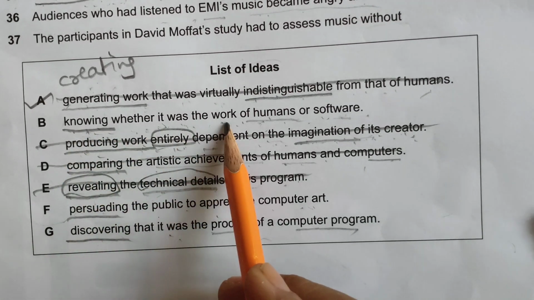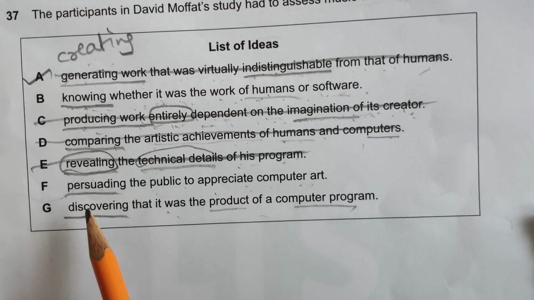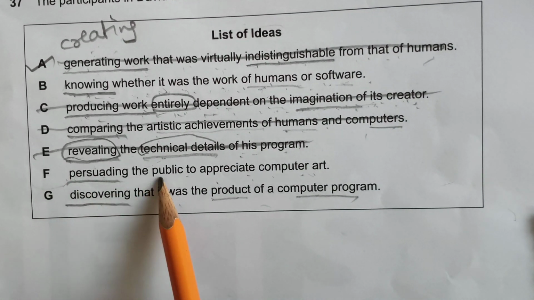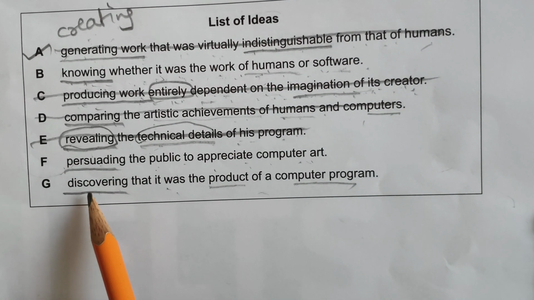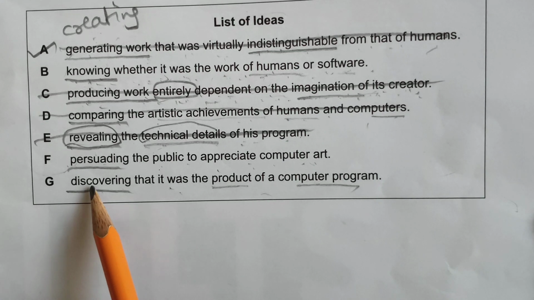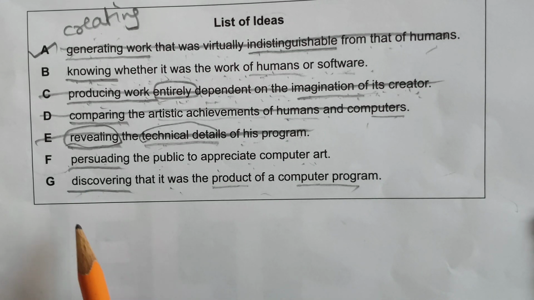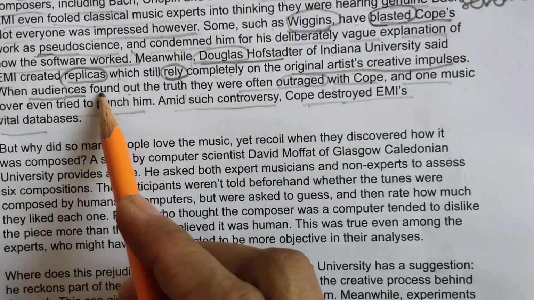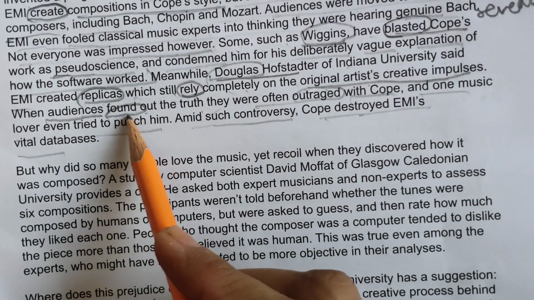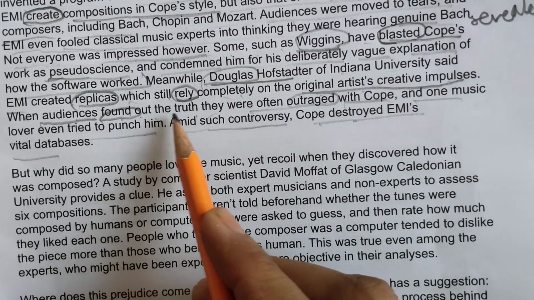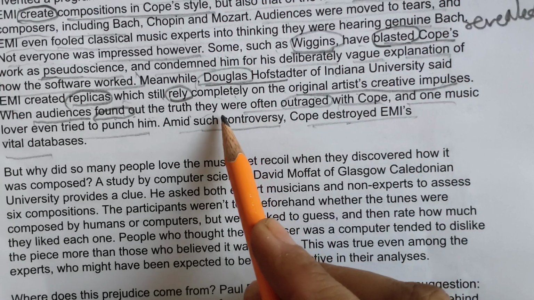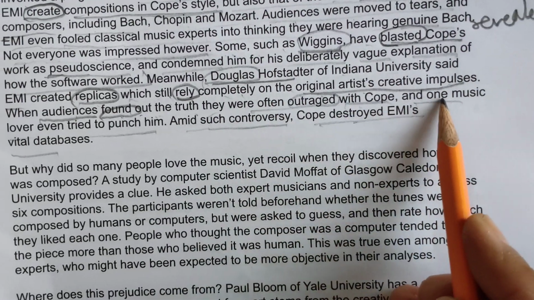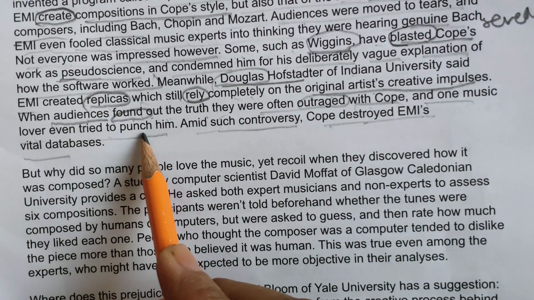Knowing whether it was the work of humans or software? No. Persuading the public? No. Discovering that it was the product of a computer program? Yes. Found is given, discovered means found out the truth.